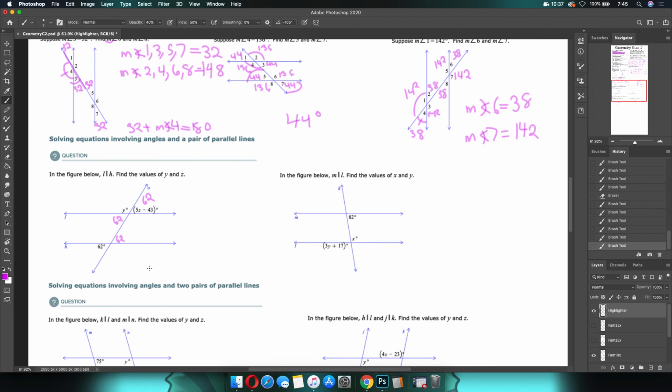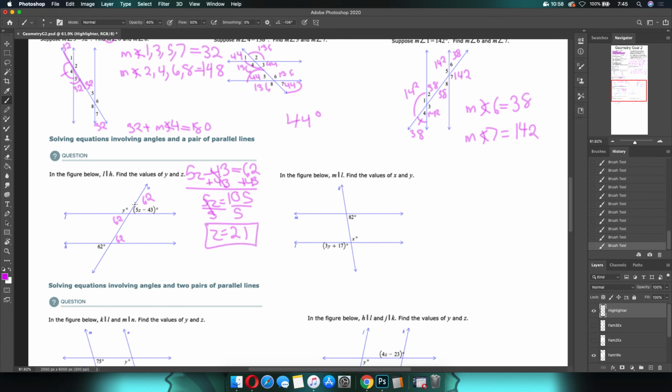Oh, we have an equation. 5z minus 43 equals 62. This isn't that bad now. Plus 43, plus 43, 5z equals 105, divide by 5, z equals 21.